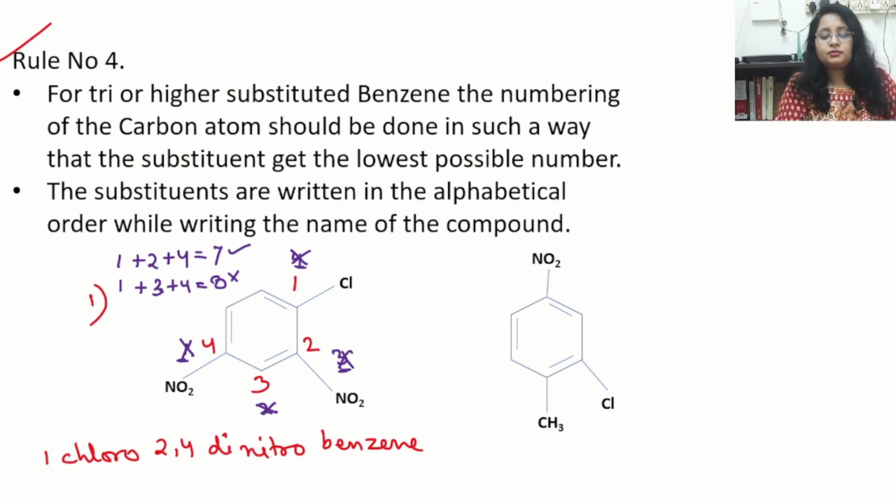Correct? The name of this compound is 1-chloro-2,4-dinitrobenzene. We will not name it like 4-chloro from the second counting and 1,2-dinitro.